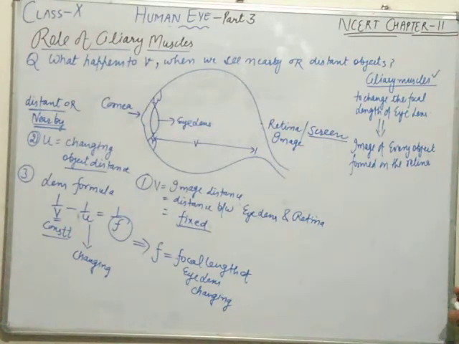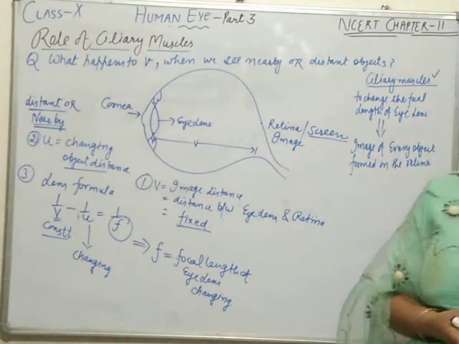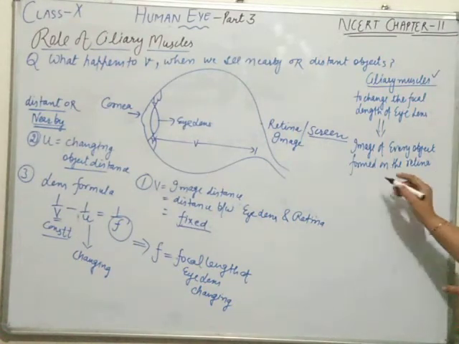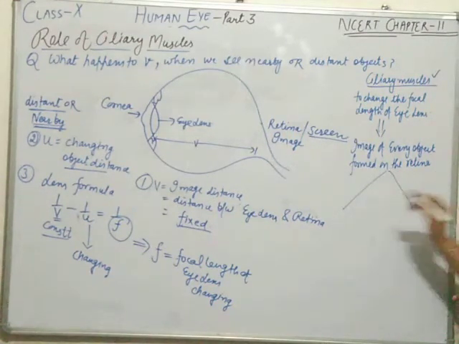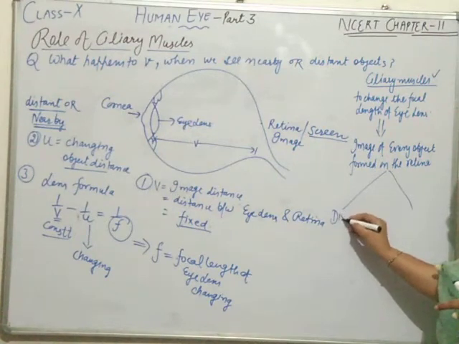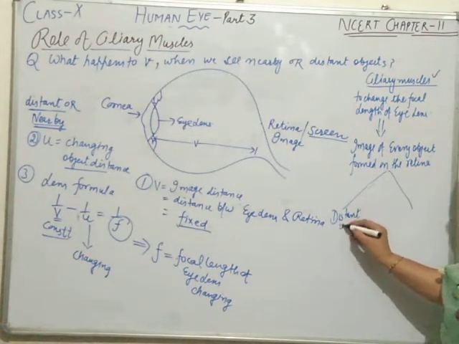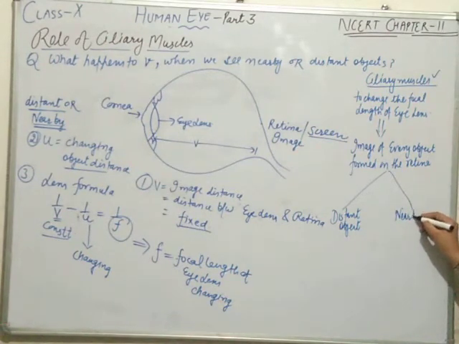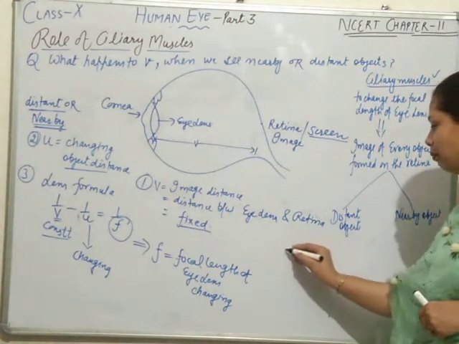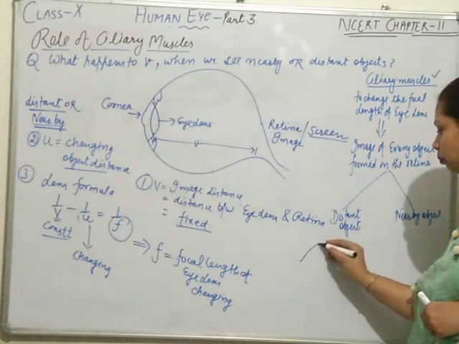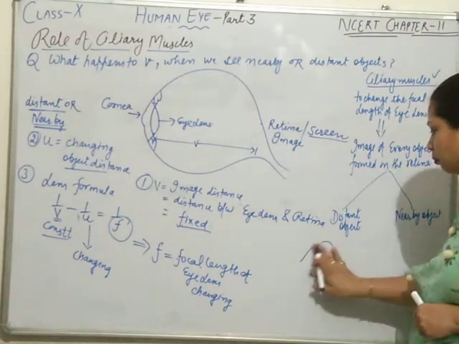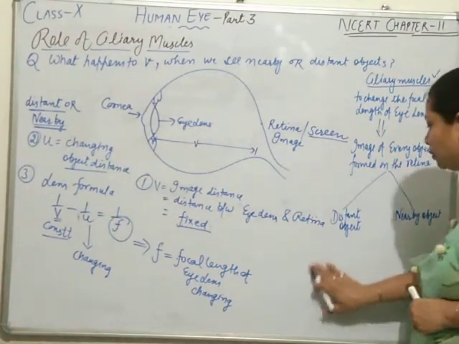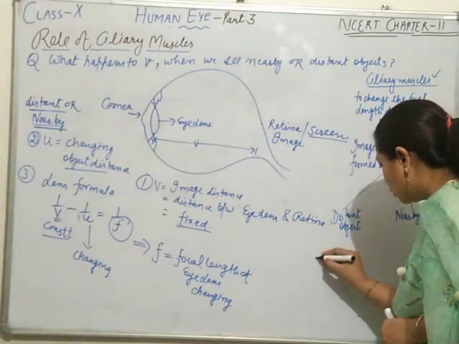There are two types of object, whether the object is distant or nearby. So we will discuss these two cases separately. First, for a distant object, and second, for a nearby object. When the object is distant, the rays coming from the distant object are parallel to each other.